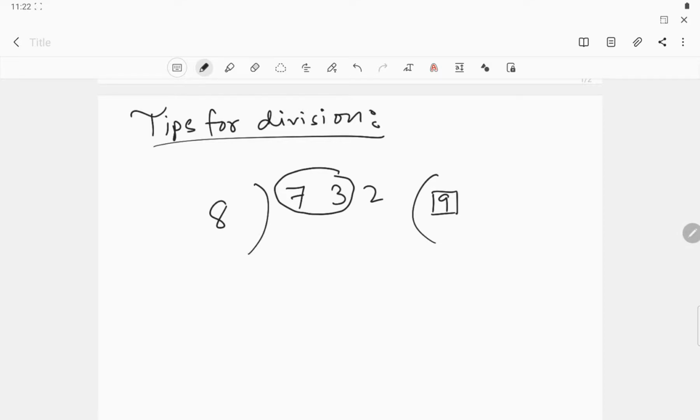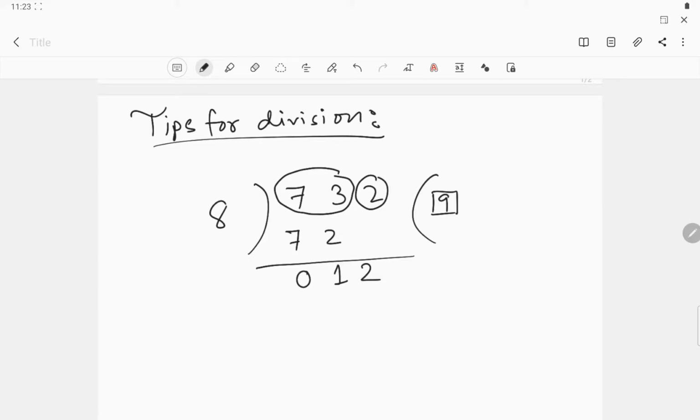So this is the nearest to 73. So write down 9 here in the quotient, and 8 nines are 72. Now subtract 73 minus 72: 3 minus 2 is 1 and 7 minus 7 is 0, and the remaining part, that is 2, copy.